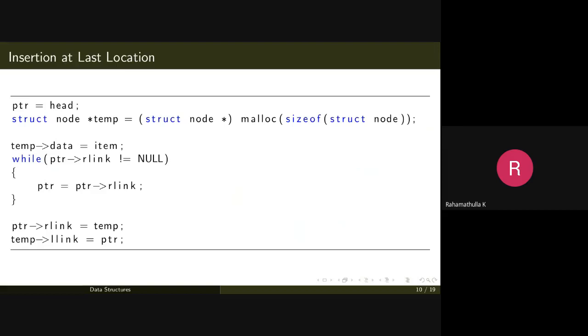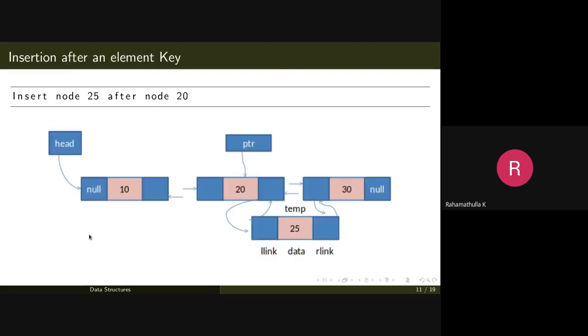Once you reach the last node, you attach that node temp at that location by using these two statements: ptr.rlink equal to temp and temp.llink equal to ptr. So you correctly attach the node as the last entry in the doubly linked list.